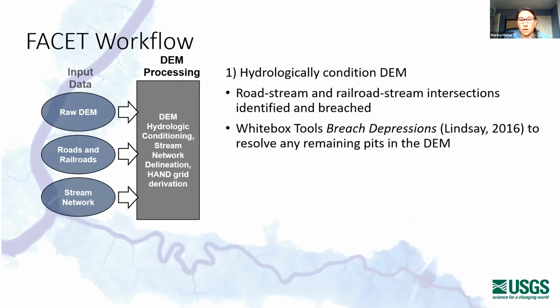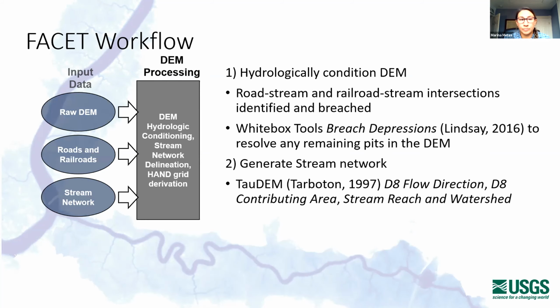We also use the breach depressions tool within Whitebox tools to resolve any remaining pits in the DEM. Then we generate our own stream network that follows the contours of our digital elevation model using TauDEM tools. We're using the D8 flow direction, D8 contributing area, and the stream reach and watershed tools to generate our stream network and catchments.